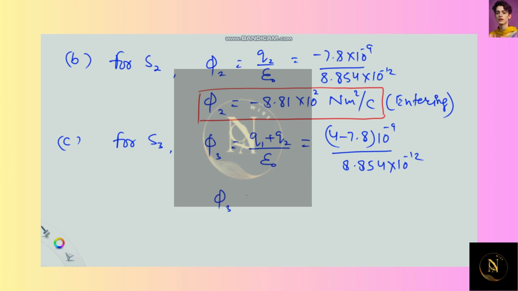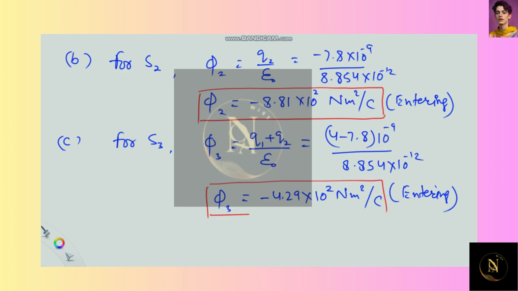So phi 3 is calculated to be minus 4.29 into 10 raised to the power plus 2 Newton meter square per coulomb. As it is also negative, the flux is entering into the surface. Answer for the third part of the problem.